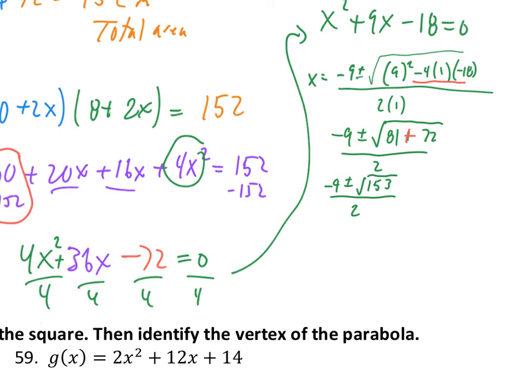So in order for this to be a positive number, I have to do negative 9 plus the square root of 153, which is 12.37.